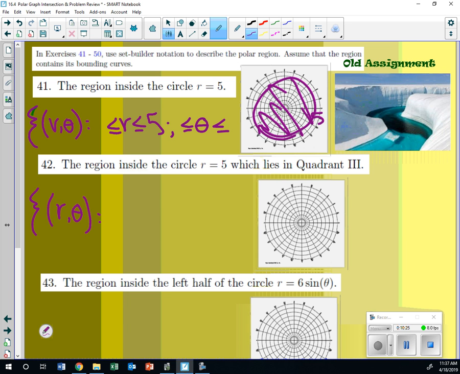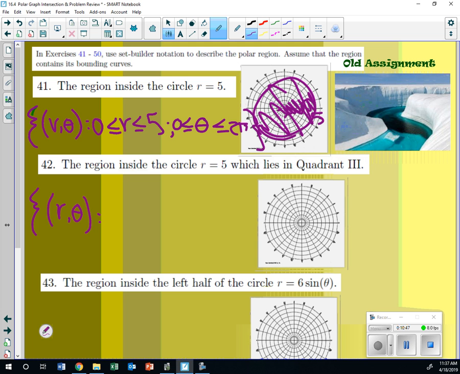Down to what? We're filling this whole thing in from what to 5? 0, right? And then the theta is all of them as well, 0 to 2 pi. And there's your set builder notation for a circle filled in.